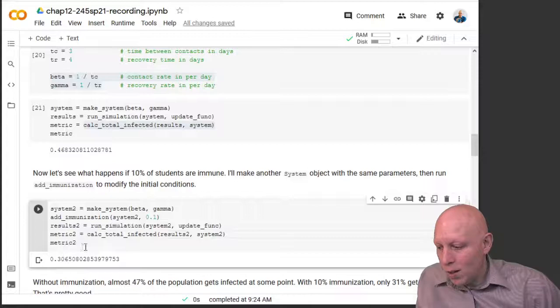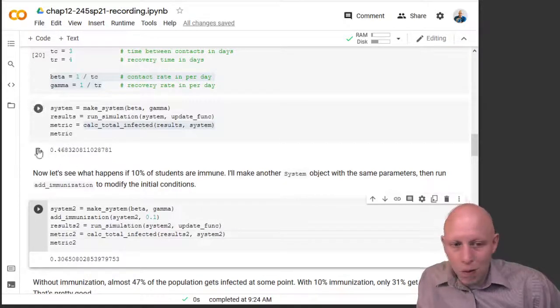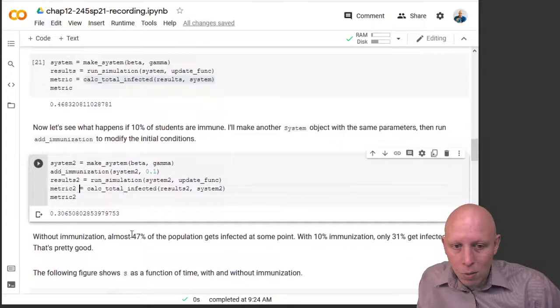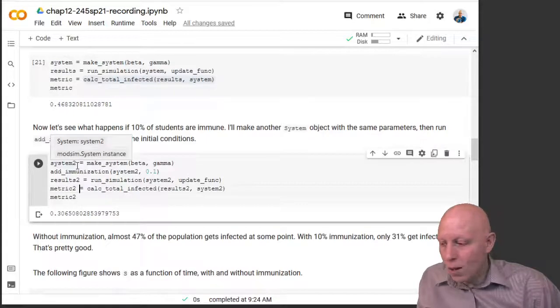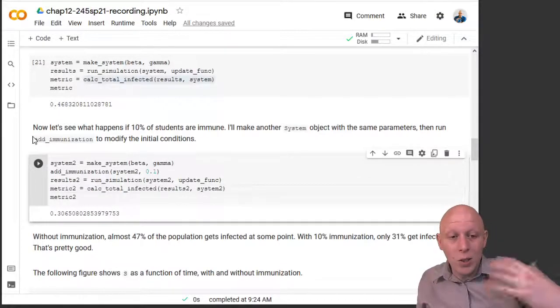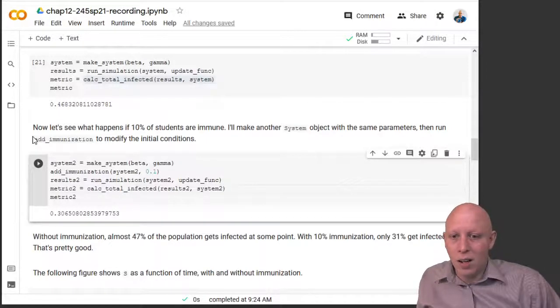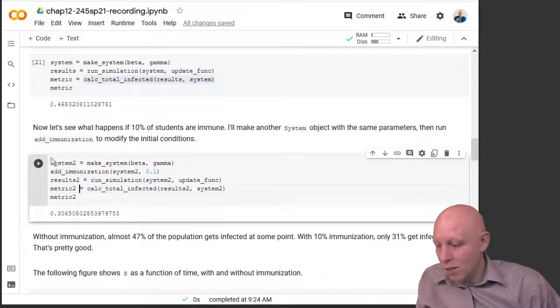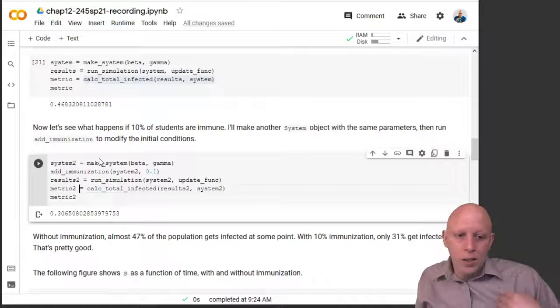And when we do that, we've gone from 47% of the population who got infected down to 30.6% of the population, which is pretty amazing. Immunized 10% of the population, and we've reduced by about 7 additional percent the people who got the disease because of this immunization. So I think it's also really good.